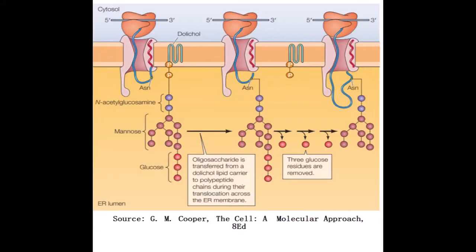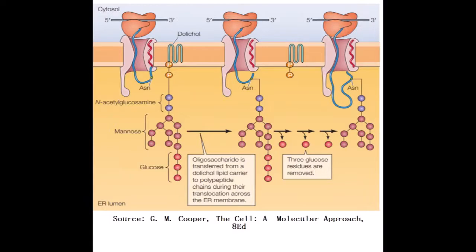Further, protein glycosylation also occurs within the endoplasmic reticulum by the addition of a 14 sugar oligosaccharide to an acceptor asparagine residue, as indicated with ASN in the picture.